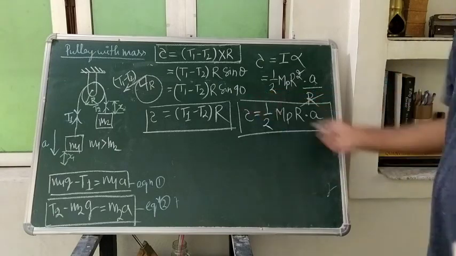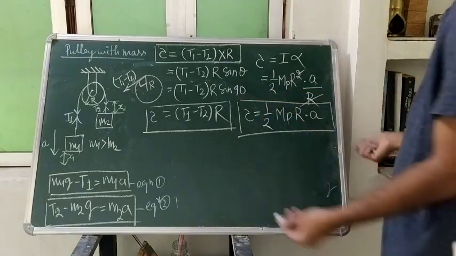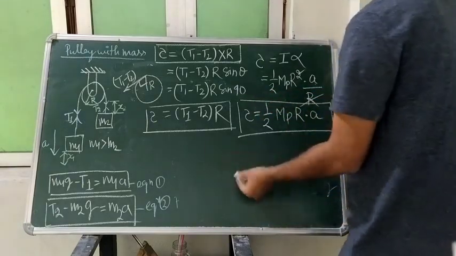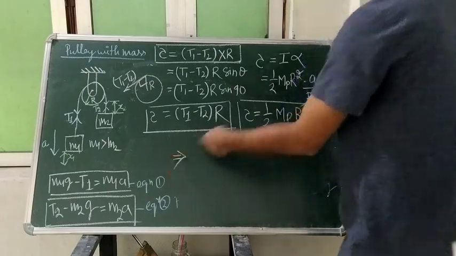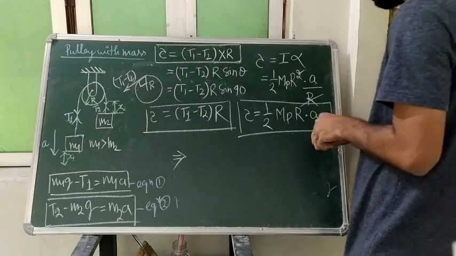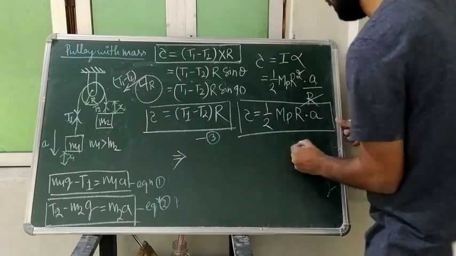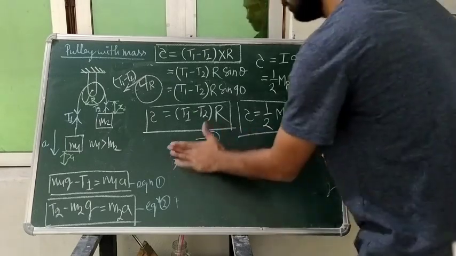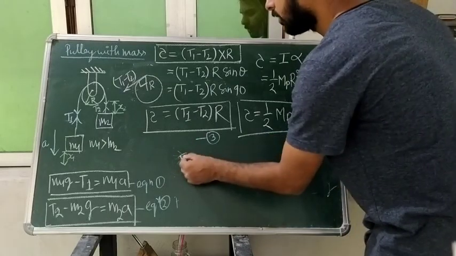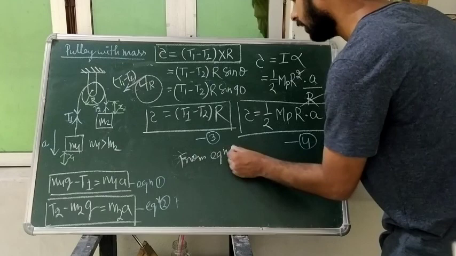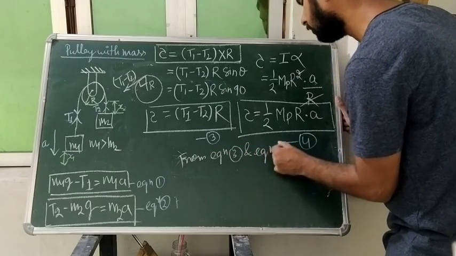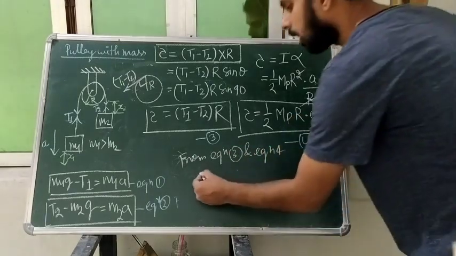So we can relate this to the other expression. I am not writing the equation numbers, but you can write them as equation 3 and equation 4. From equation 3 and equation 4, what do you get?